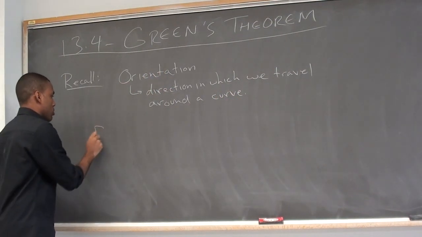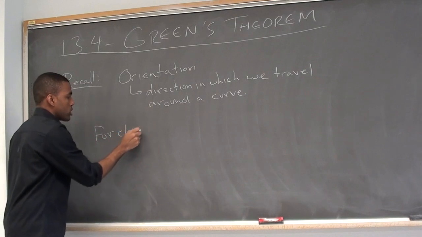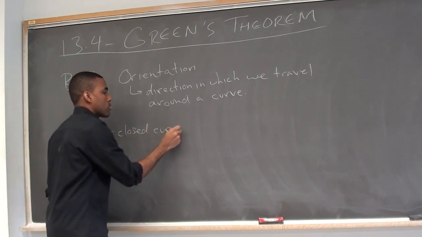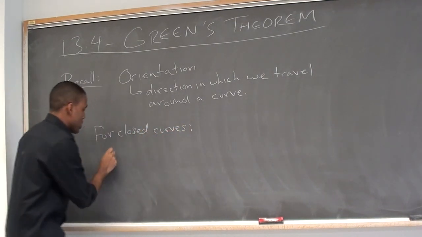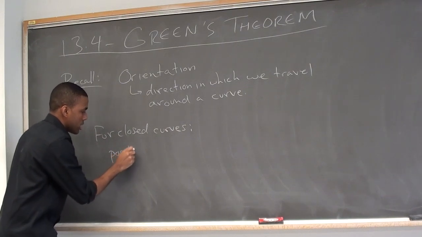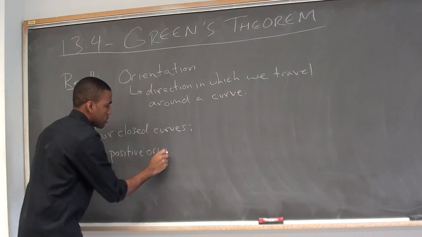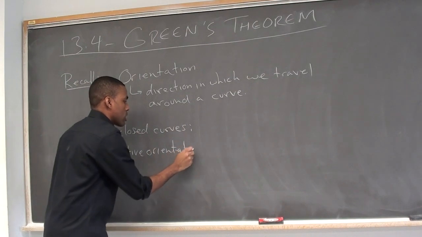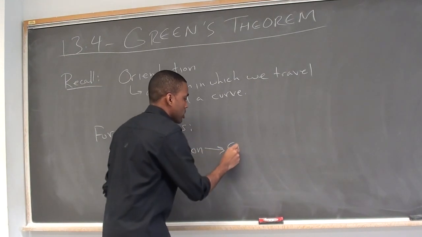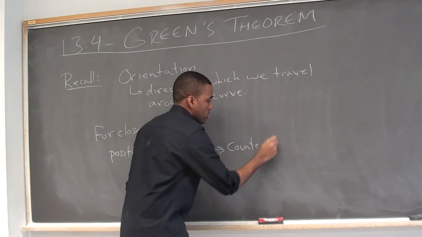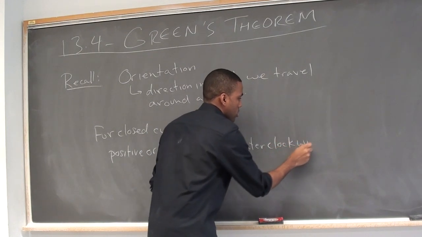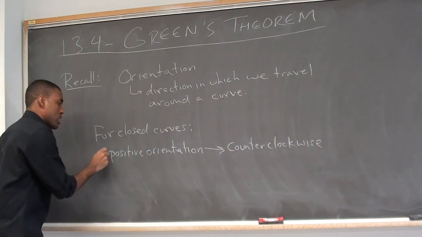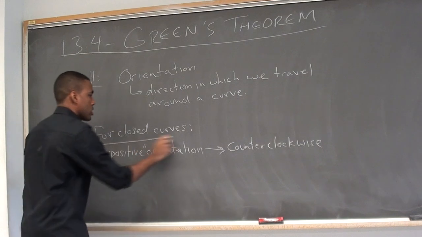For closed curves, if you say positive orientation, what is that? It's counterclockwise. This means counterclockwise. That we define to be the positive orientation.